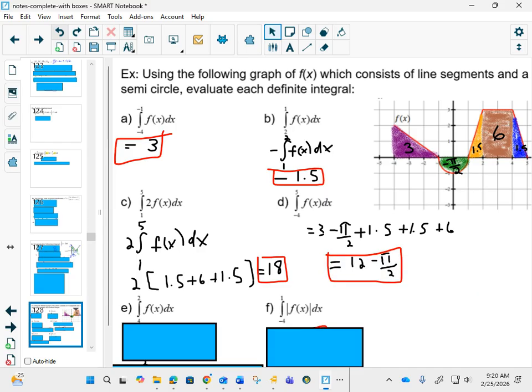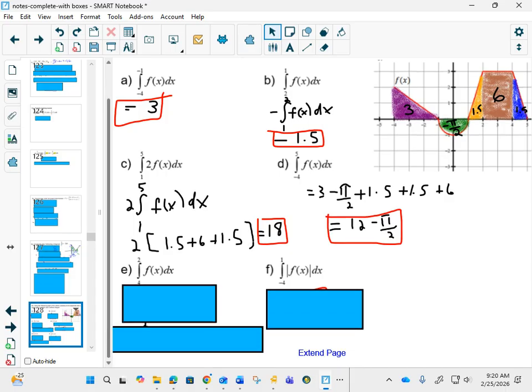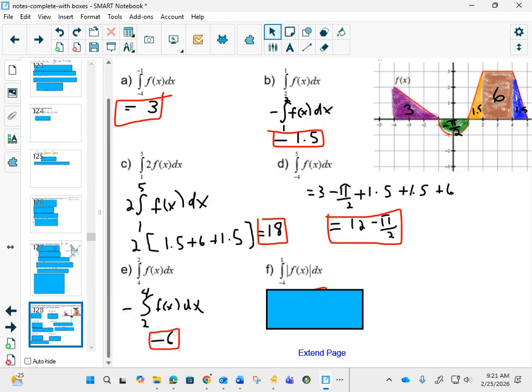We're going to get 12 minus that pi over 2. Four to 2 would be the negative of 2 to 4, since we know 2 to 4 is 6. This will be negative 6.